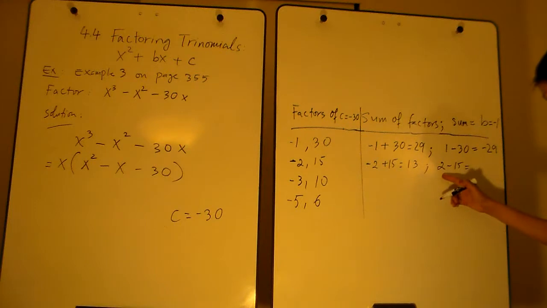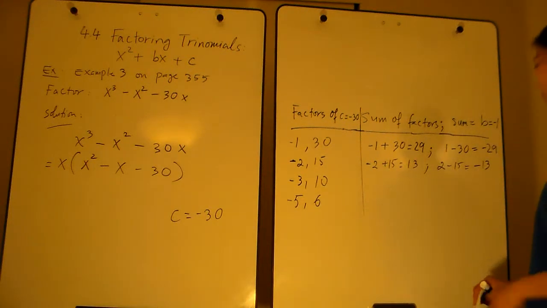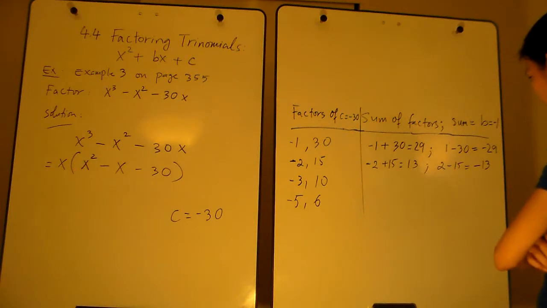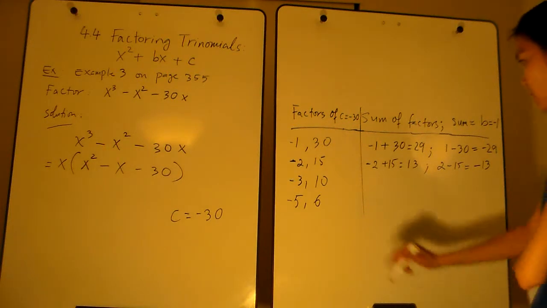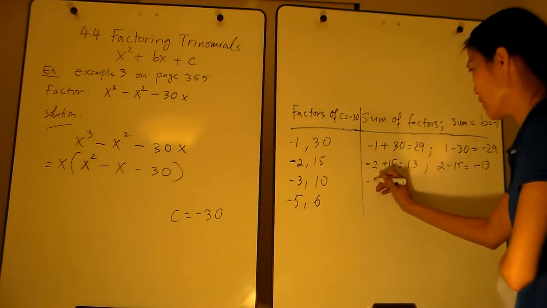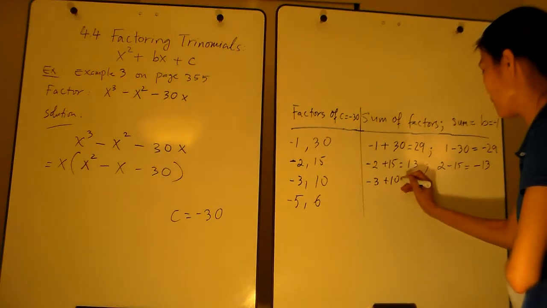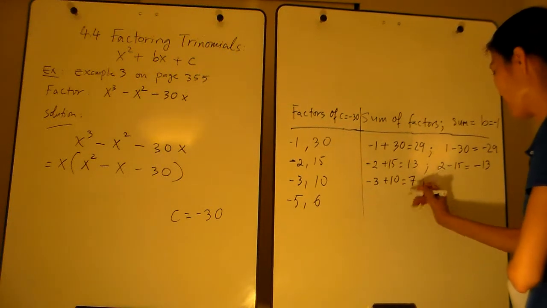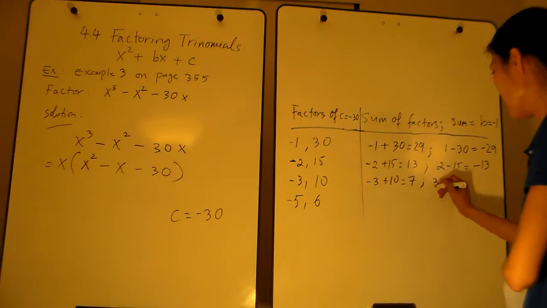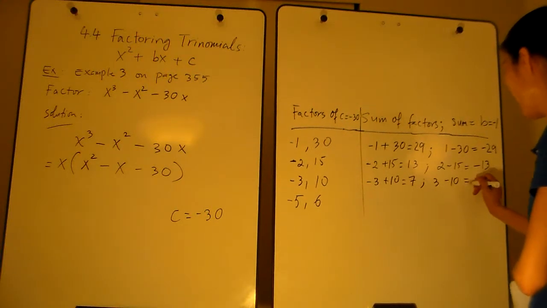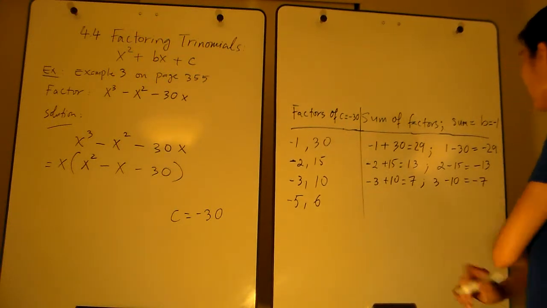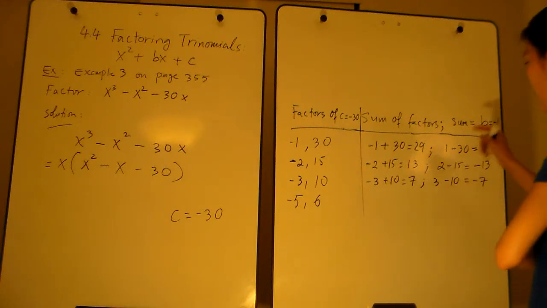We have negative 13. Still not b yet. b is negative 1. How about this one? Start with negative 3 plus 10. We get positive 7. I will reverse the order: positive 3 minus 10. We get negative 7. Still not the b value yet.